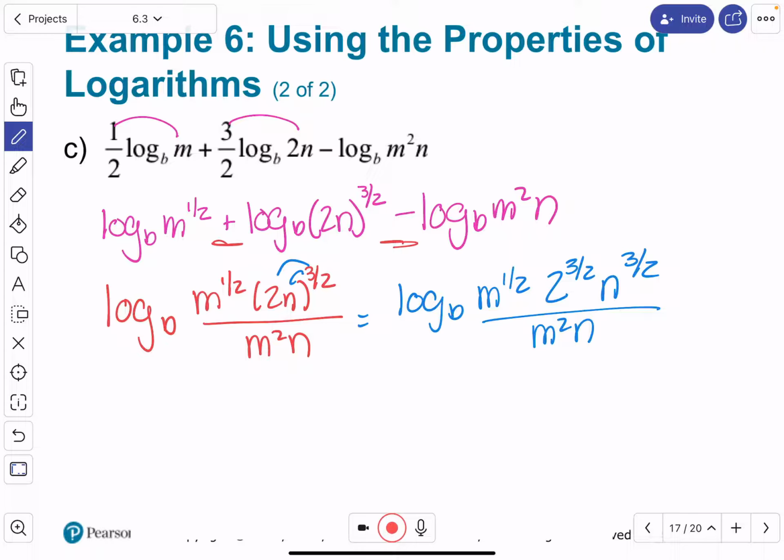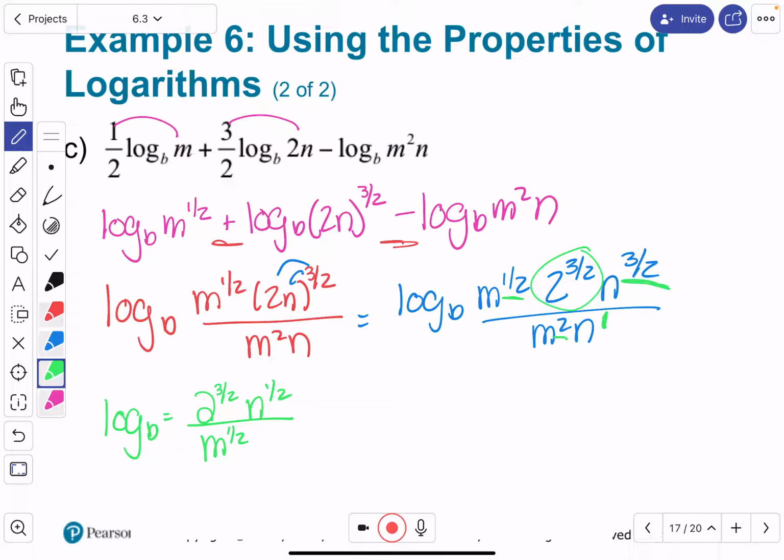Now, when you have a fraction with the same bases, you can subtract the exponents. So if I do 1/2 minus 2, I get a negative half. So that goes on the bottom. There's only 1 2, so that's going to go here. And then n, 3 halves minus 1 is 1/2.